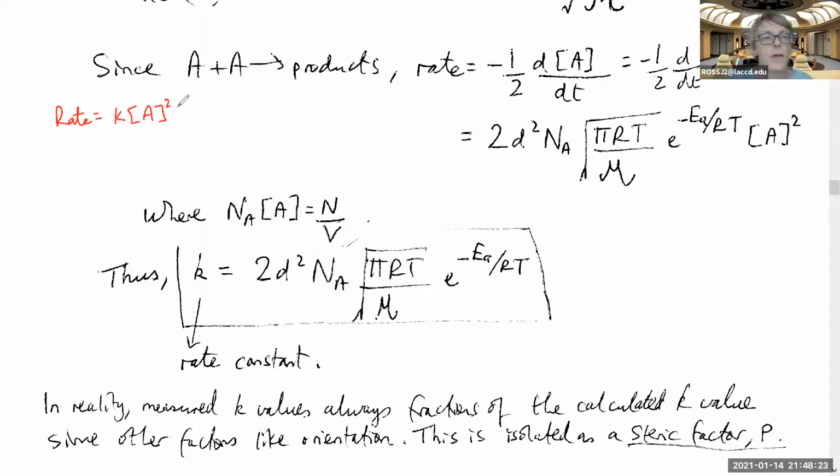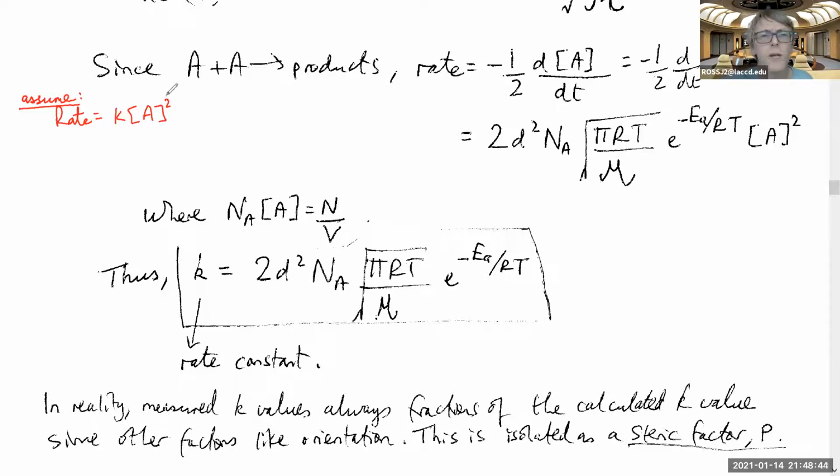If it's order 1 in A, and order 1 in the other A, and there are 2 A's, it's order 2. So let's assume that this bimolecular process is second order.